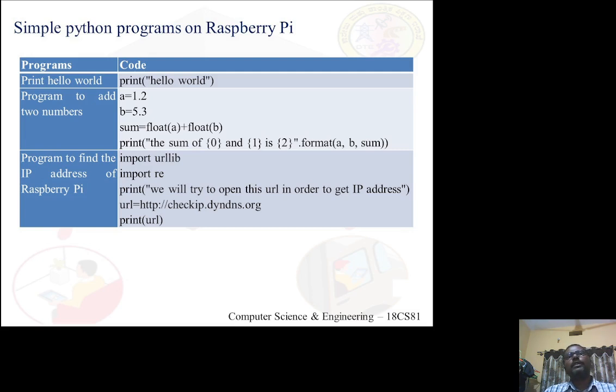The result is assigned to a variable URL. Using the print statement, I can print the URL, that is, the IP address.